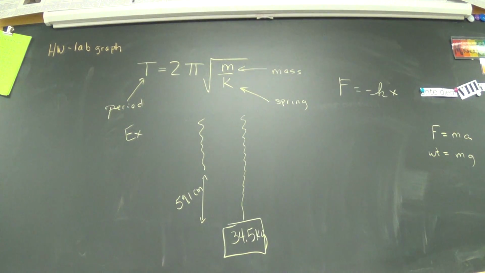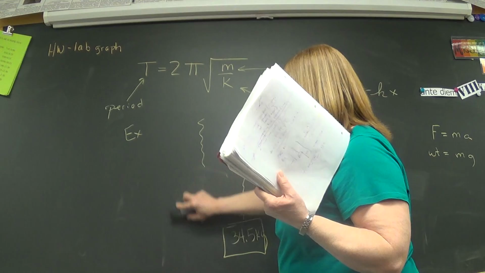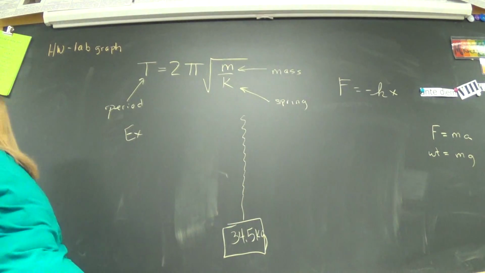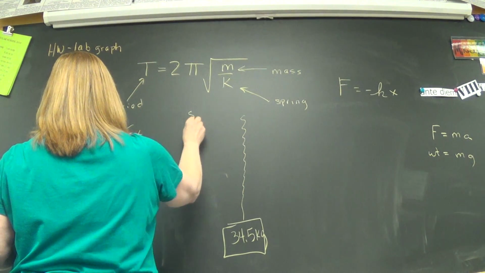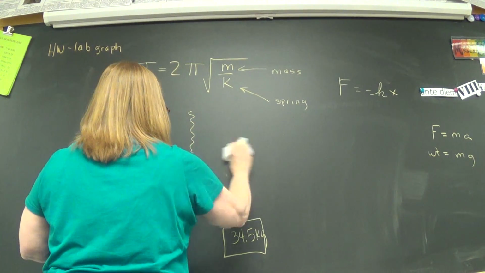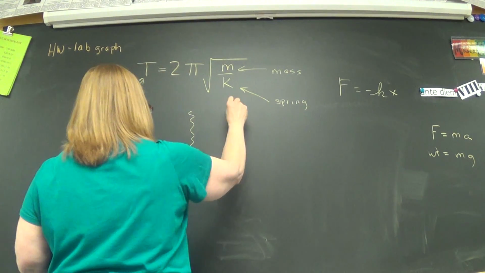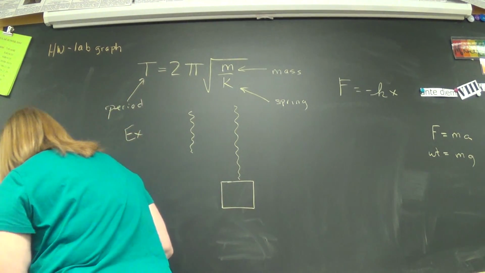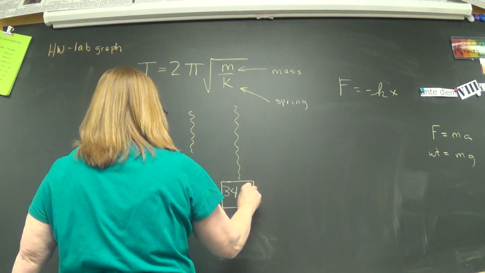And then I'm going to pull it down even further. I have to adjust my drawing. I ran out of board space. Here's my spring, unchanged. Then I'm going to stretch it down. Same problem, I'm just redrawing, 34.5 kilograms.